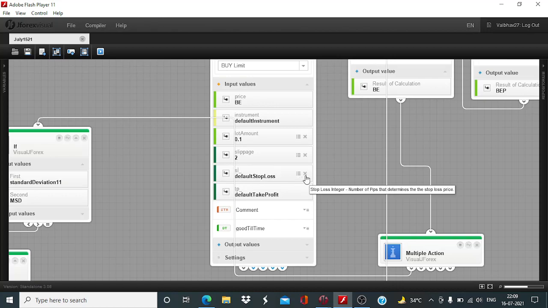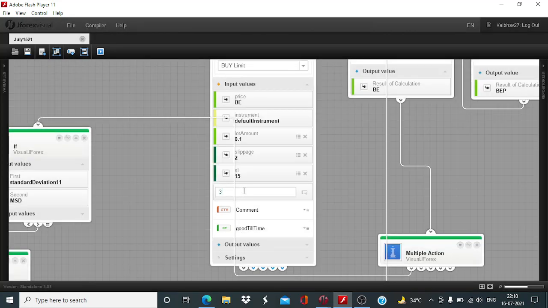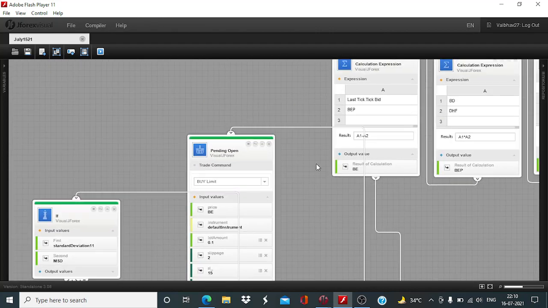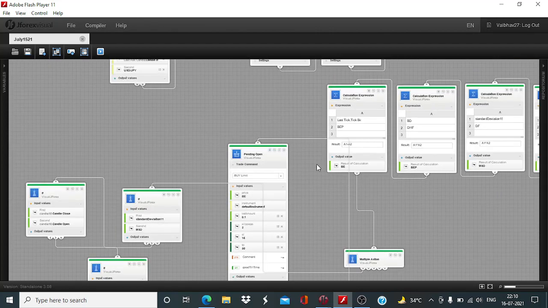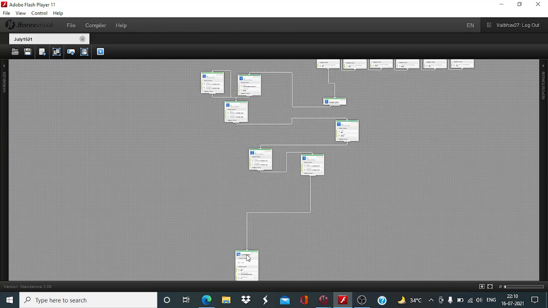For stop loss we are going to use the risk reward ratio of 1:2. Stop loss 15 pips and take profit 30 pips. And order validity, we can keep the order valid for 1 hour, 2 hours or 3 hours as per your assessment. I will not define the order validity in this session.